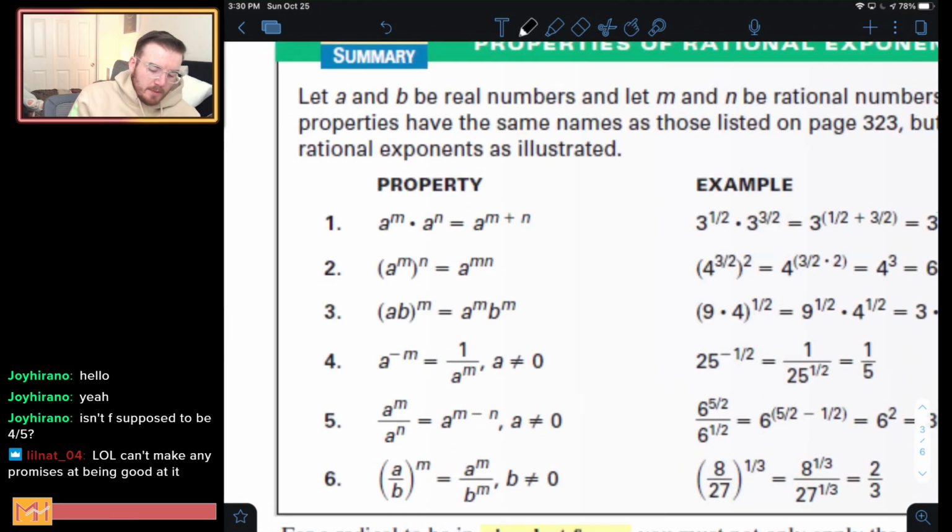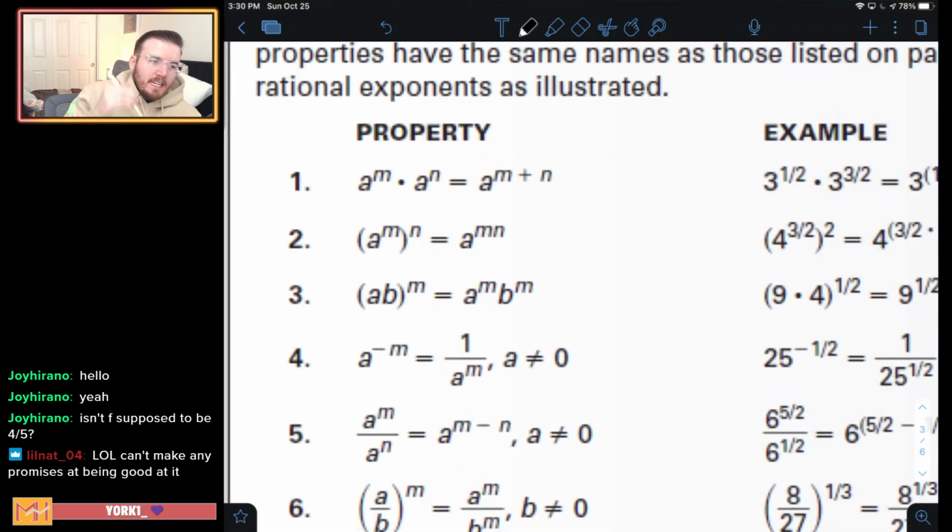Well, when you're looking at these properties, it's like a tier below. So when I multiply two things together that have the same base, I simply add the exponents. It's a tier below. So when I have an exponent raised to an exponent, I multiply them together. That's a tier below.